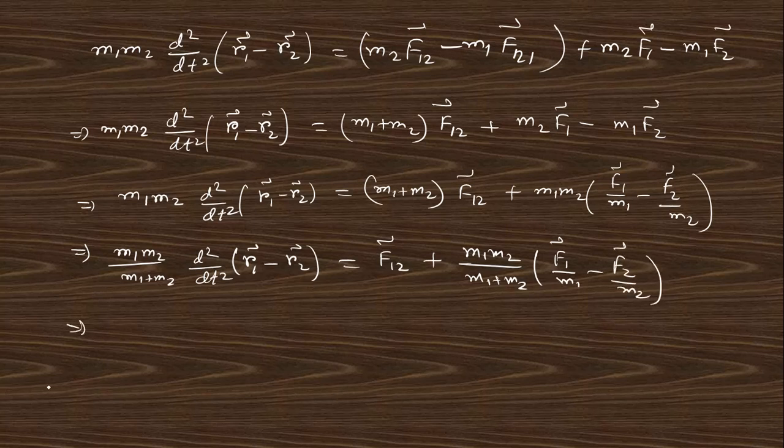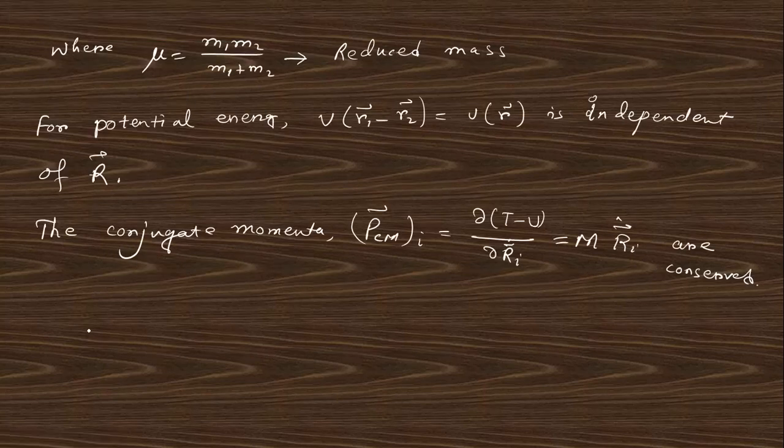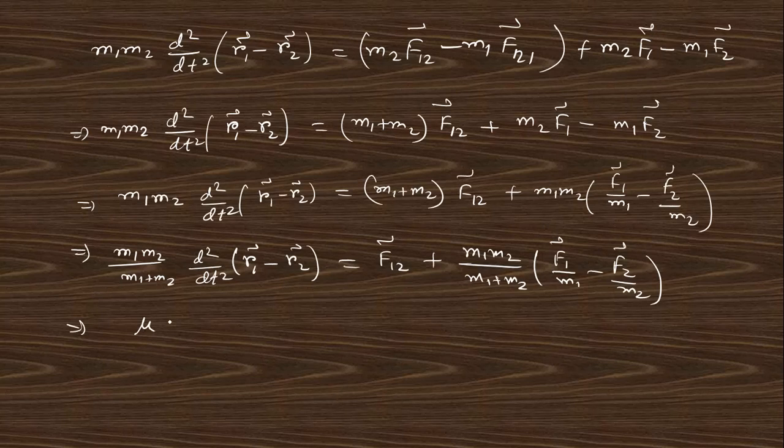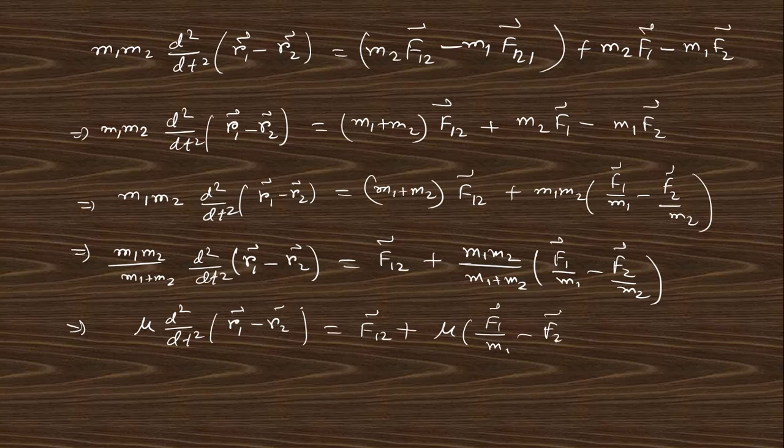We just take this as the reduced mass mu, so we can represent this as mu d2 by dt square of r, where r1 minus r2 is taken as r, equals F12 plus mu times (F1 by m1 minus F2 by m2).